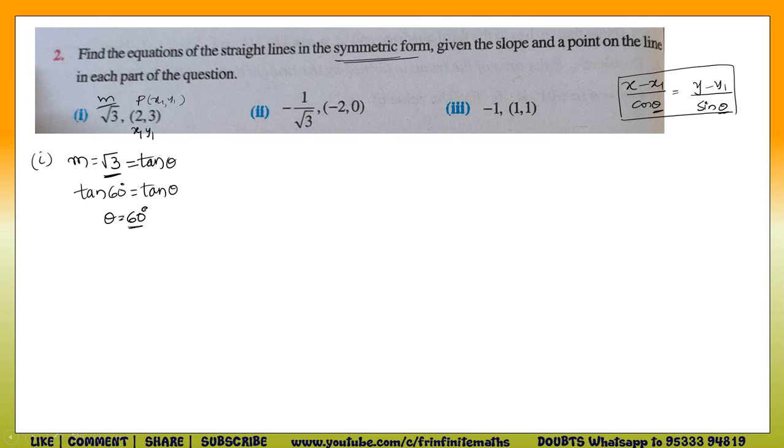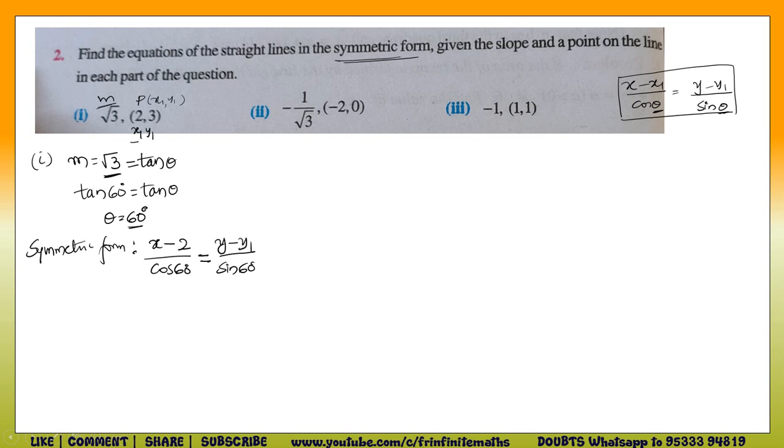Now writing down the symmetric form. So what is that? (x minus x1), so what is x1 here? (x minus 2) by cos theta, so cos 60 degrees, is equal to (y minus y1) by sin theta, so sin 60 degrees.